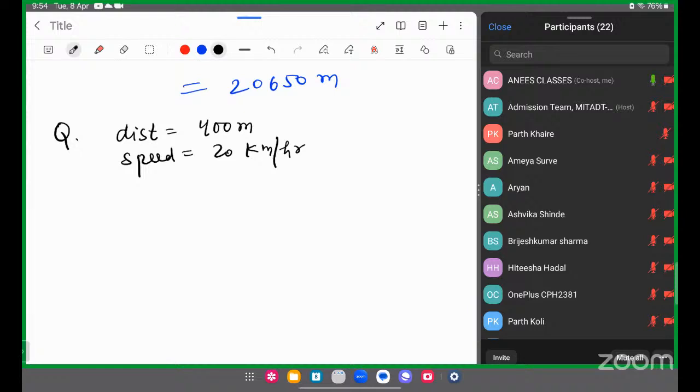We have to find out time. Time is distance by speed. Distance is in meter and speed is in kilometer per hour. So what we can do is that we can convert kilometer into meter, right? So if I will find out time simply will be distance by speed. Distance is 400 upon speed is 20 kilometer per hour. Let's convert kilometer into meter. This will be 1000 meter per hour.